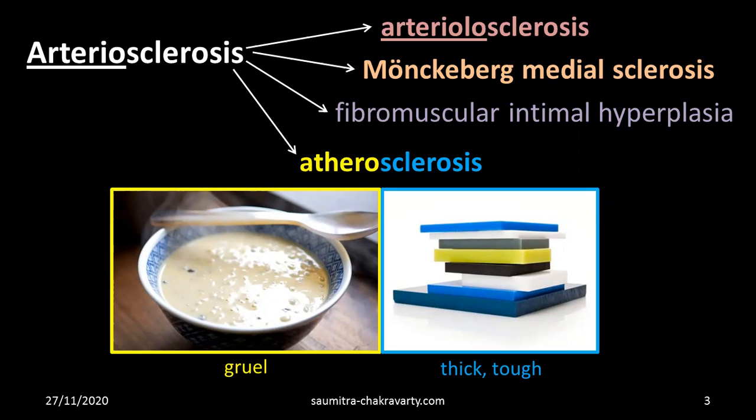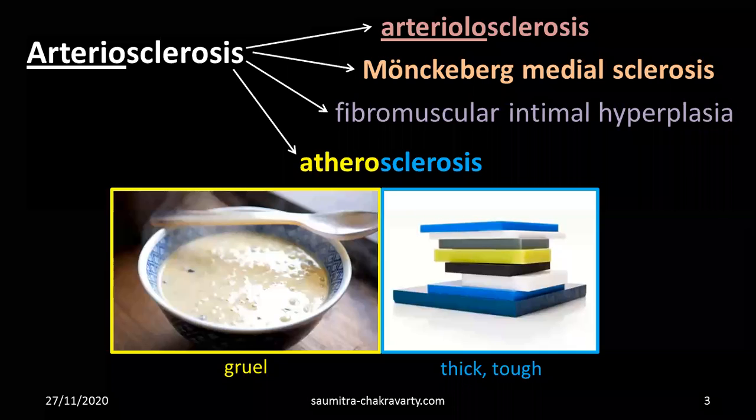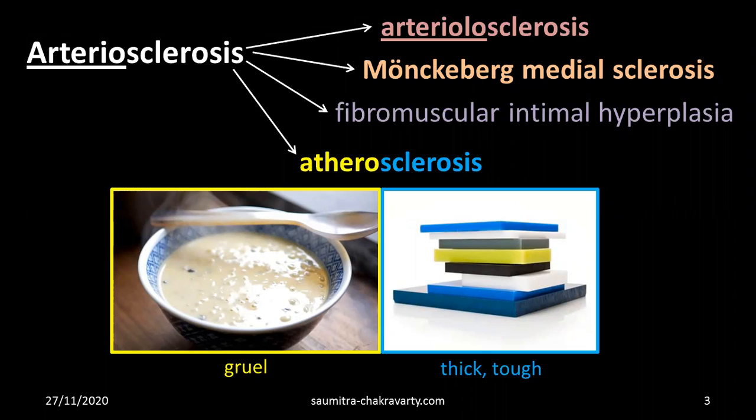The term athero comes from Latin or Greek, I don't remember at this point. The root word atheros means gruel. It's some kind of sago or some liquefied nutritious drink, or maybe some thick protein soup. A representative image of it is shown here.